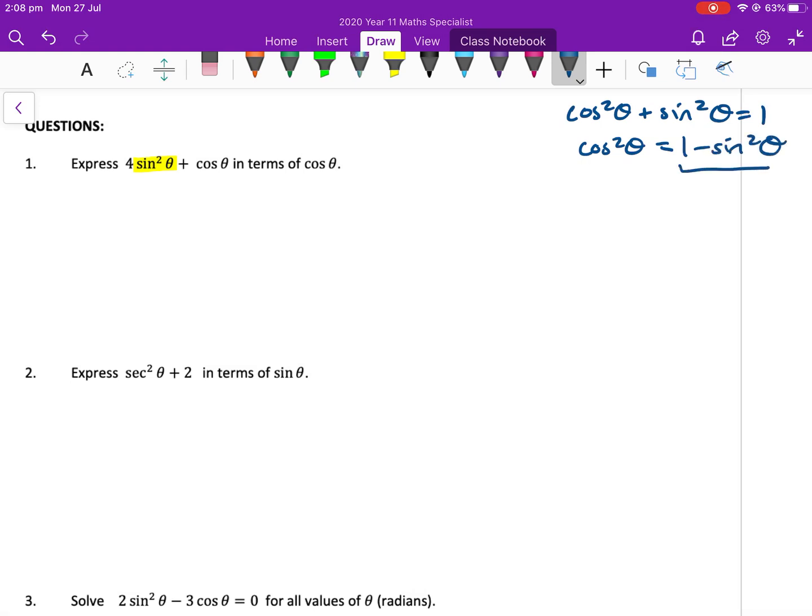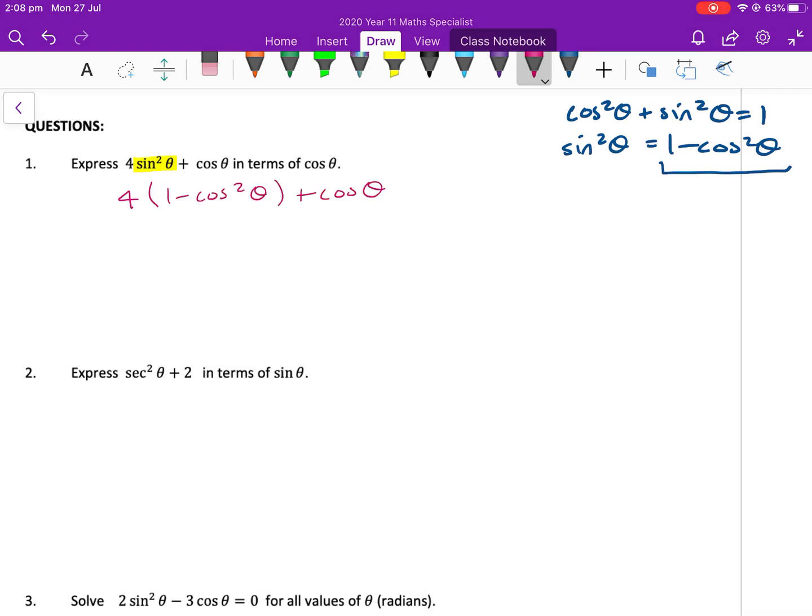Let's turn that around the other way, it actually would help us much better. Sine squared theta equals 1 minus cos squared theta. So we can input 1 minus cos squared theta where we would have the sine squared theta. So let's do that. So 4 times 1 minus cos squared theta plus cos theta.